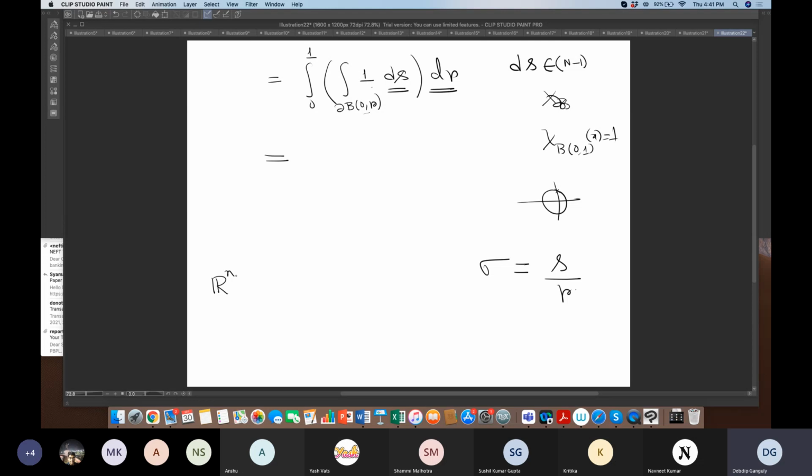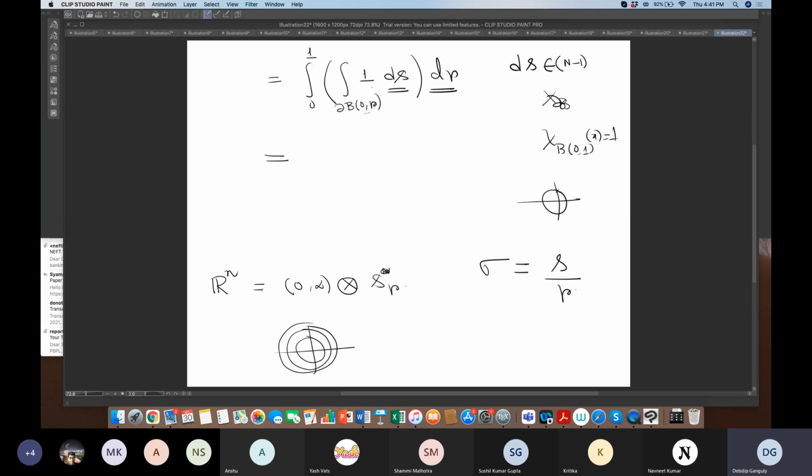R^n, I am writing R^n like this: (0, infinity) cross S_R, because I am writing it as a list. This is called a warped product, so you don't have to understand this.